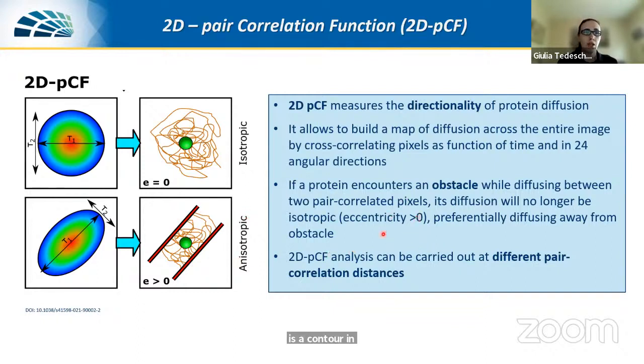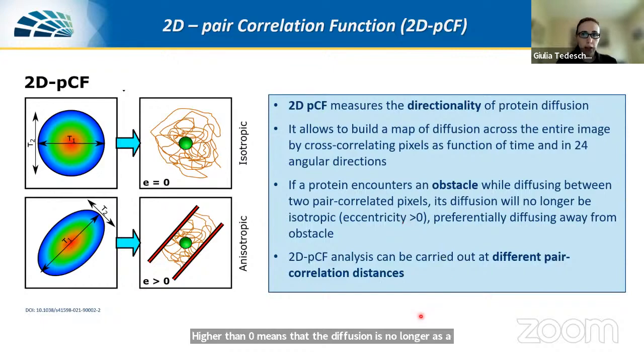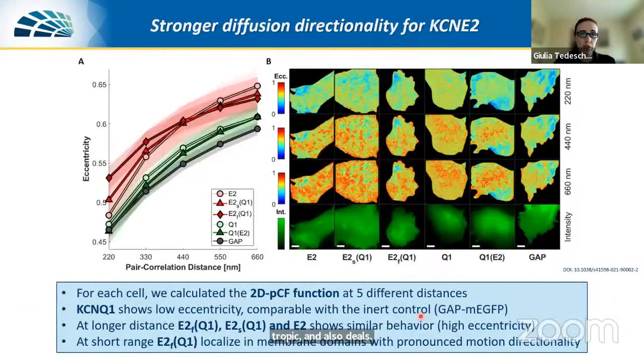Eccentricity higher than 0 means that the diffusion is no longer isotropic. And this analysis can also be carried out at different pair correlation distances. In our system, we use 5 different distances.